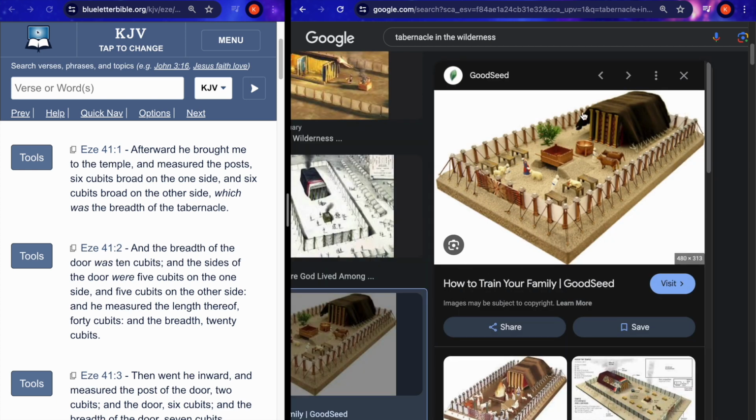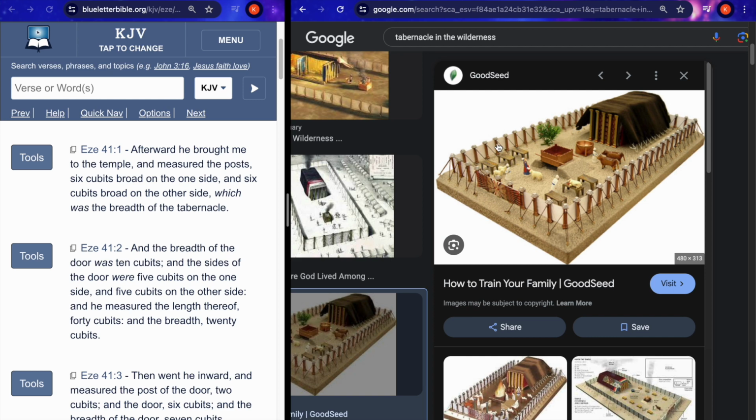So here's an example. Now, this was what they were able to do in the wilderness. And obviously afterwards, or at least in this depiction that is being shown in this vision that Ezekiel is receiving, it was a more refined version, right?